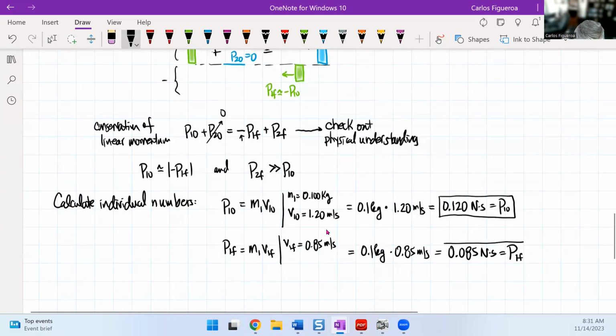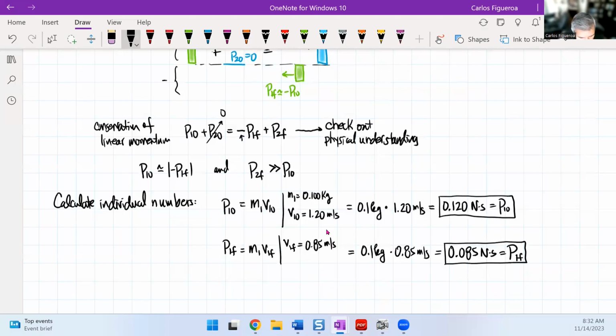So are these close to each other? Yeah, roughly, right? This is like 0.12, this is like 0.09. So if you were to go to 1 sig fig, they would be the exact same value.